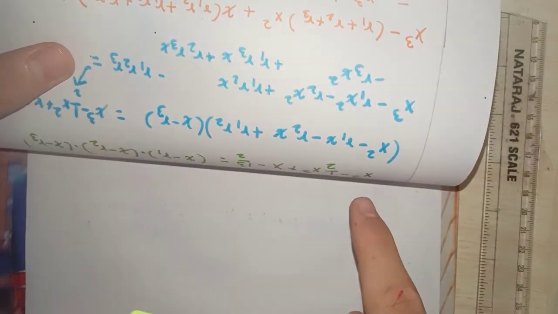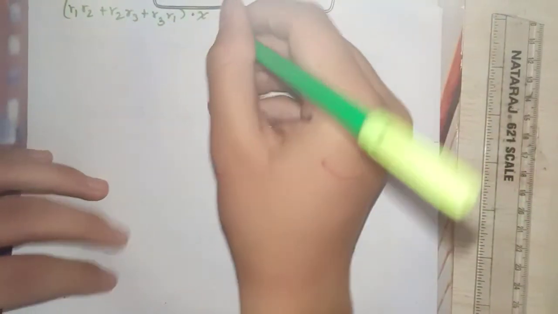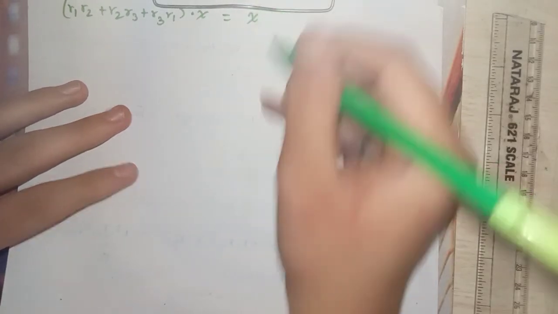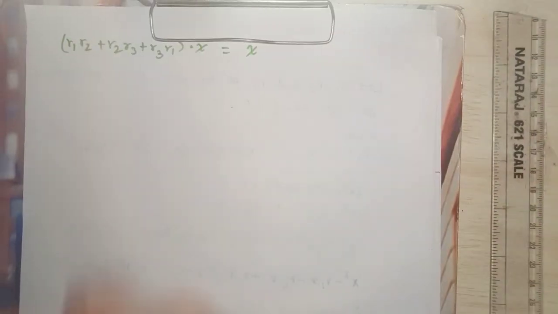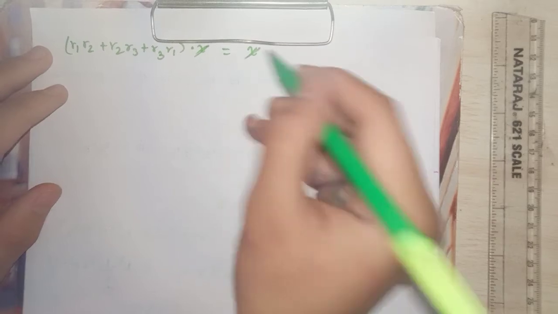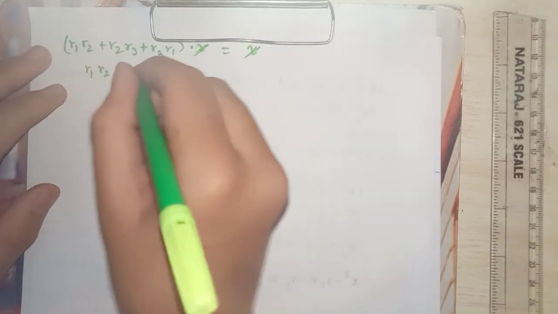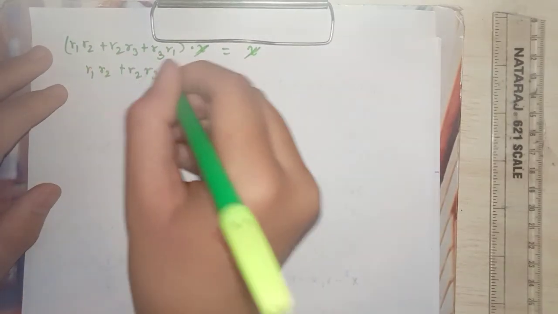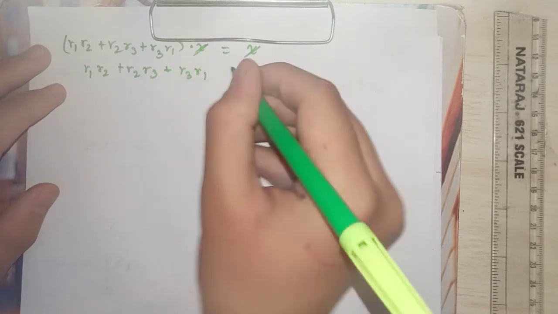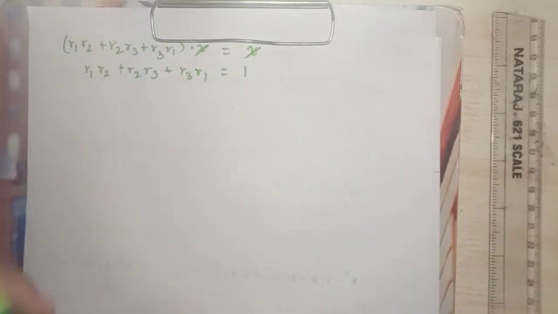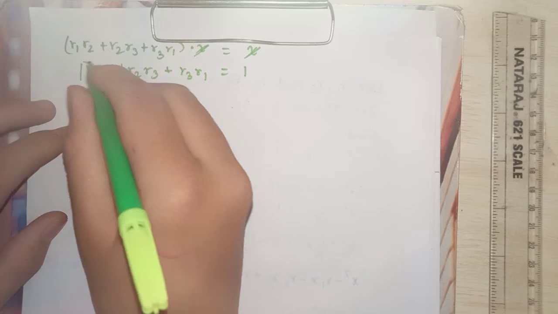That was plus x, just x. We can divide both the sides by x, and we are left with r1 r2 plus r2 r3 plus r3 r1 equals 1. We are done with the second part of the question already. Pretty nice.